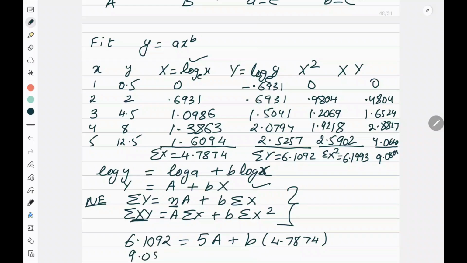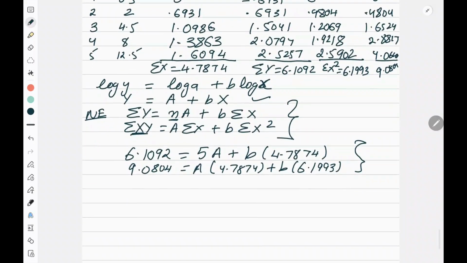So 9.0804 is equal to a summation x 4.7874 plus b summation x square is 6.1993. Now these two are the simultaneous equations. You can use your calculator, go to mode and use your calculator and get the value of a and b.